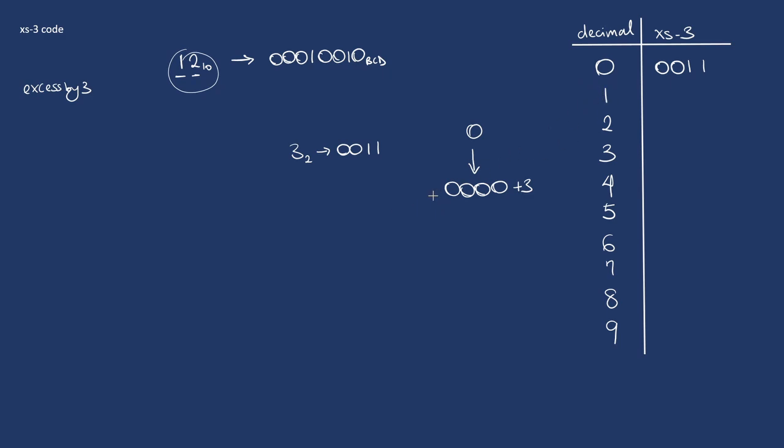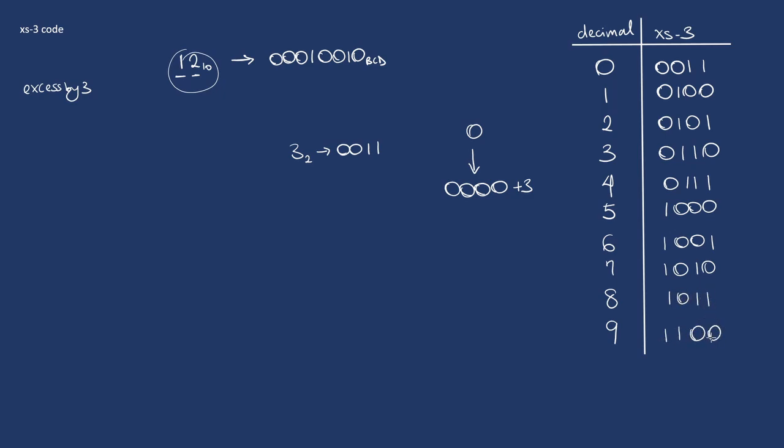And since 1 would be 1 plus this, then we can continue the binary process from here. So 1 would be 0100, 2 would be 0101, 3 would be 0110, 4 would be 0111, 5 would be 1000, 6 would be 1001, 7 would be 1010, 8 would be 1011, and 9 would be 1100.